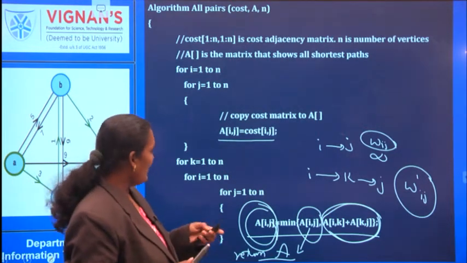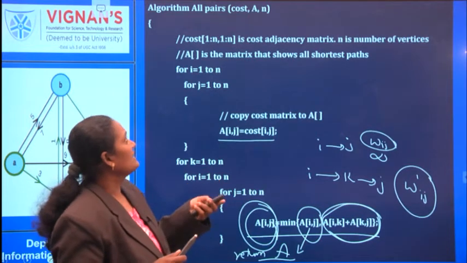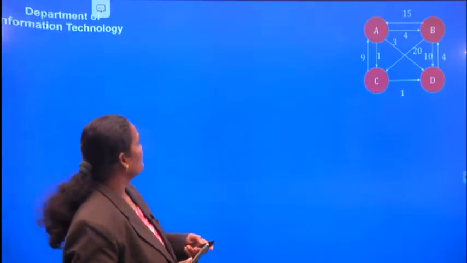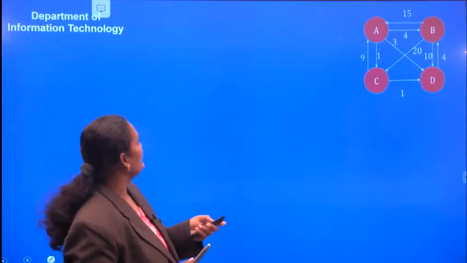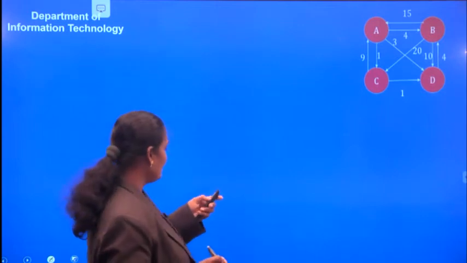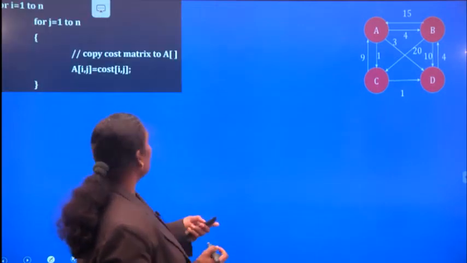Here I am going to explain this algorithm by taking an example. Let us see that example. Here the same graph is taken for explaining the algorithm. Let us see first what we are doing.